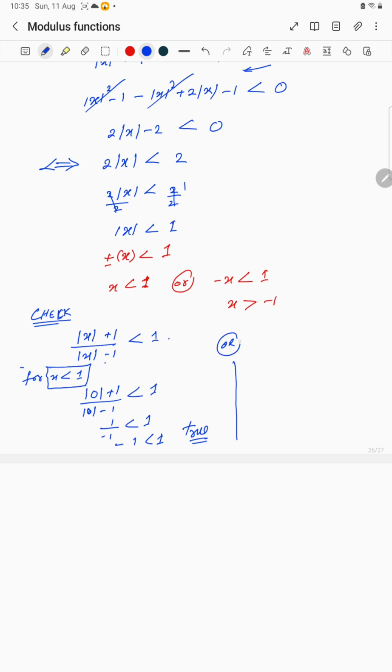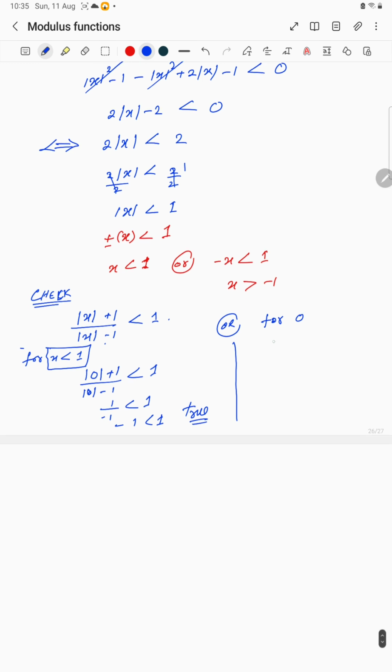For the other option, mod x, when you replace for x greater than minus 1, again you can replace it with 0 or 1 or any other number. We try to start with the closest, so with 0, 0 is greater than minus 1.